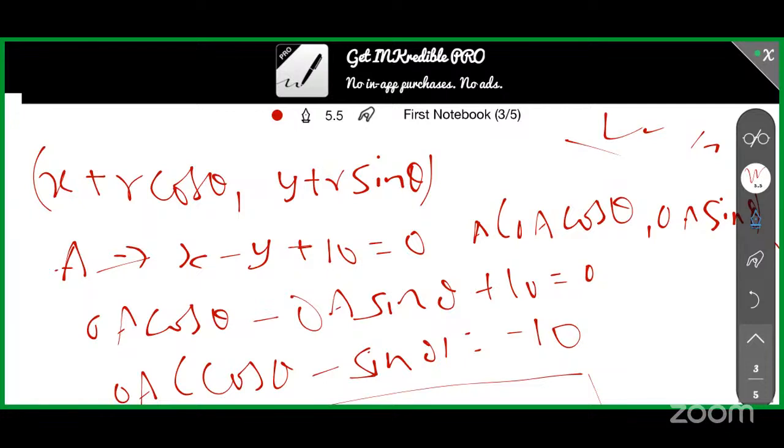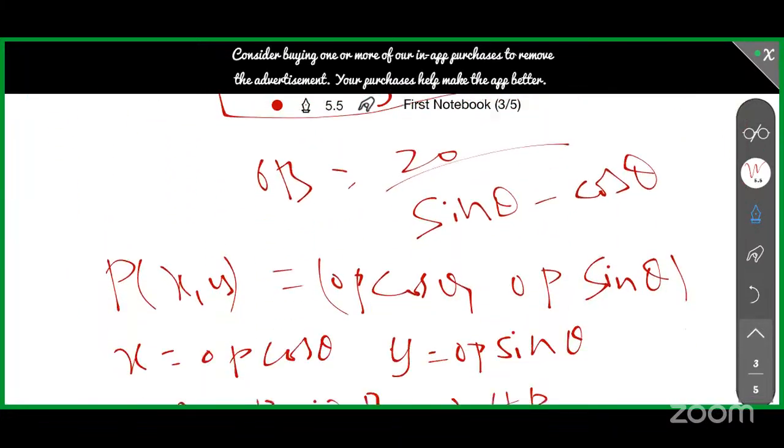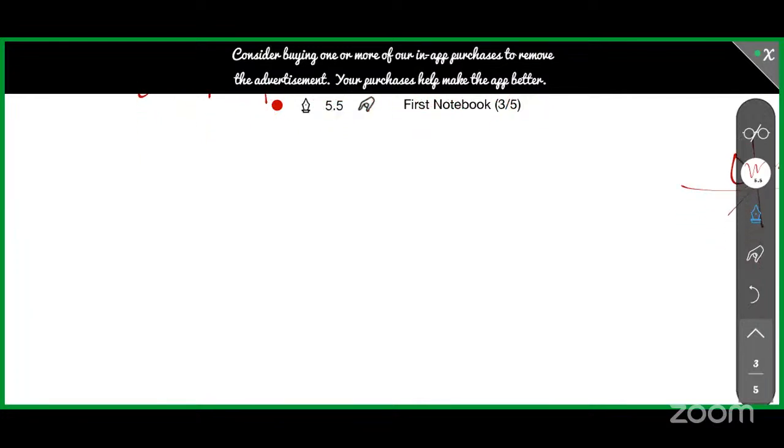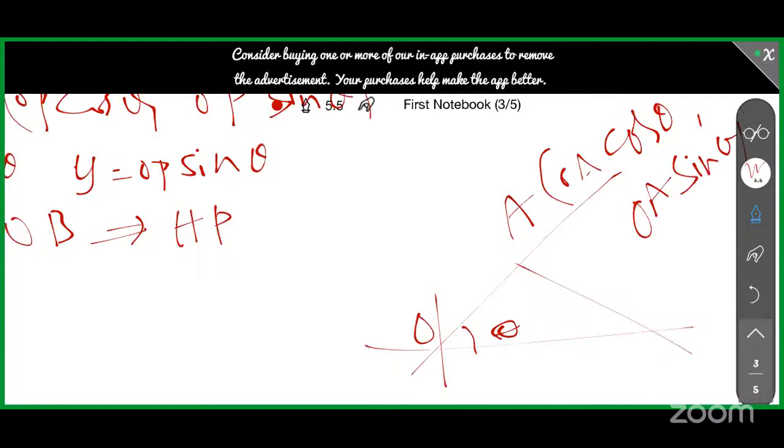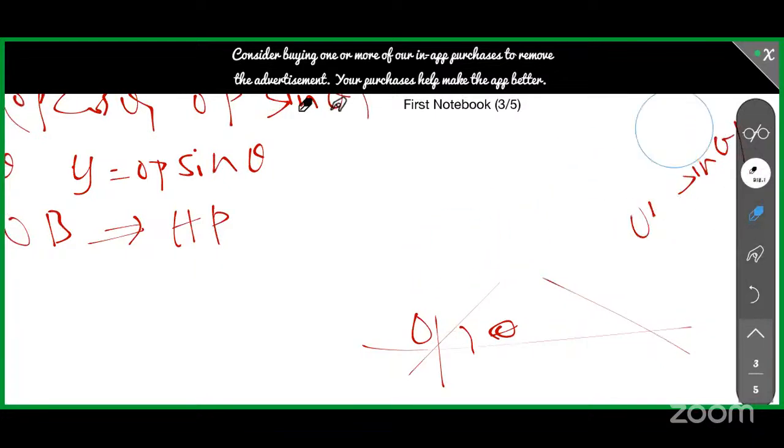Very good. If A, B, C are in HP, then 1 by A, 1 by B, 1 by C will be in AP. Let me write what we discussed here, so I can give you a short idea of the concept we are going to use.